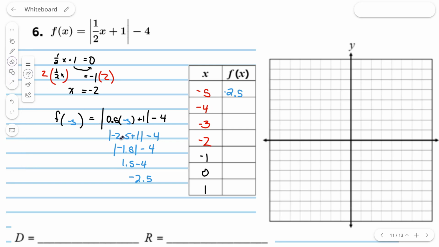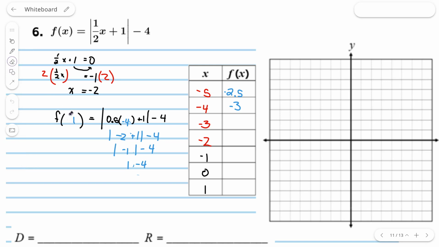Now I'm going to do the same thing with the next number. And so we have a -4. So half of -4 is -2. -2 plus 1 is -1. And that's going to be 1 minus 4, which is -3.